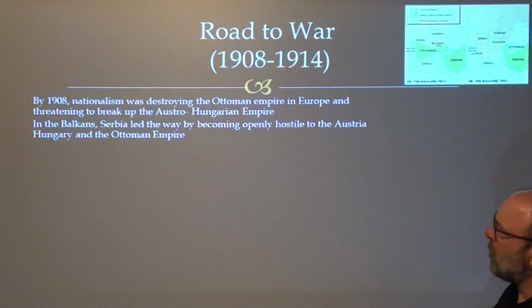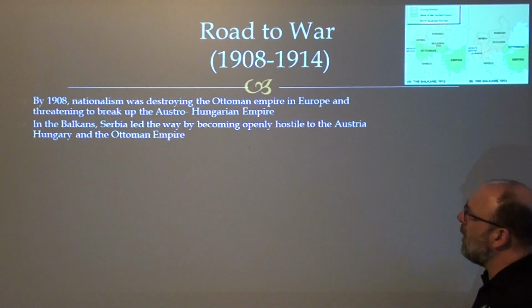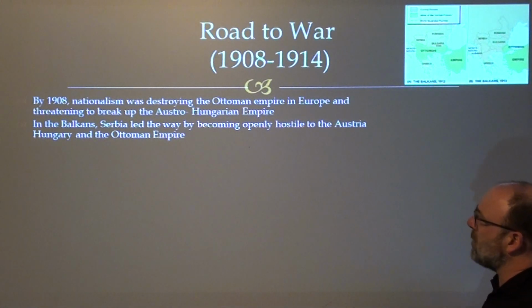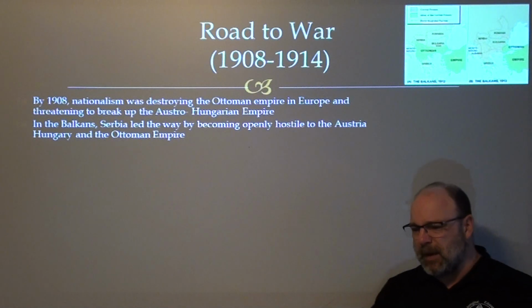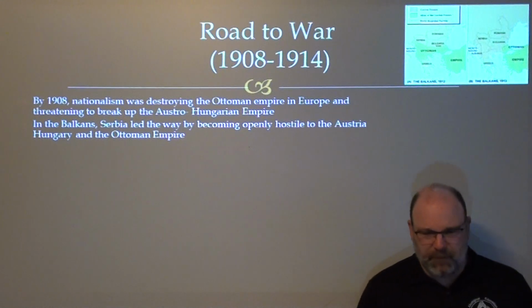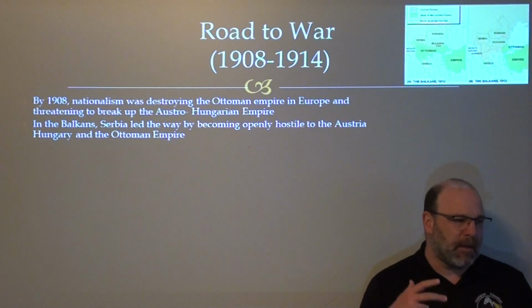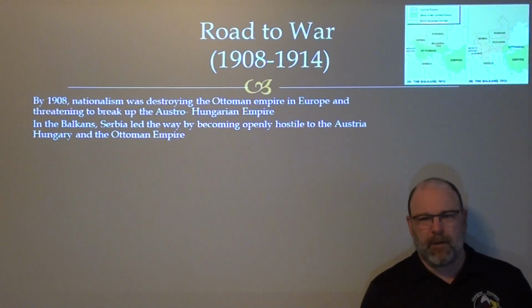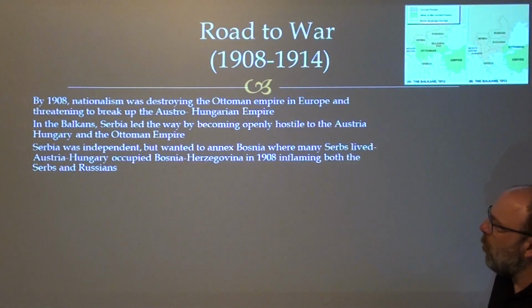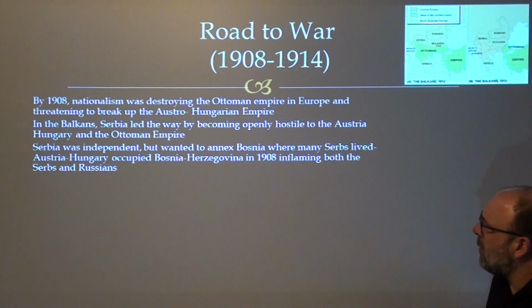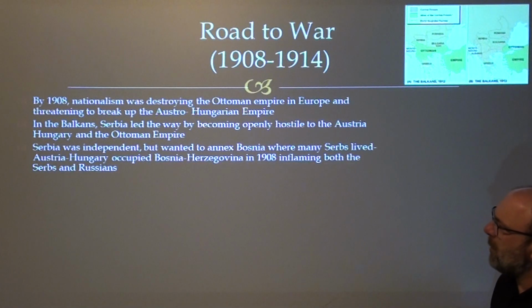In the Balkans, Serbia led the way by becoming openly hostile to Austria-Hungary and the Ottoman Empire. So Serbia is becoming the loudest and most vocal opponent against Austria, against the Ottomans. They want their own thing. Serbia was independent, but wanted to annex Bosnia, where many Serbs lived. Austria-Hungary occupied Bosnia-Herzegovina in 1908, inflaming both the Serbs and the Russians.